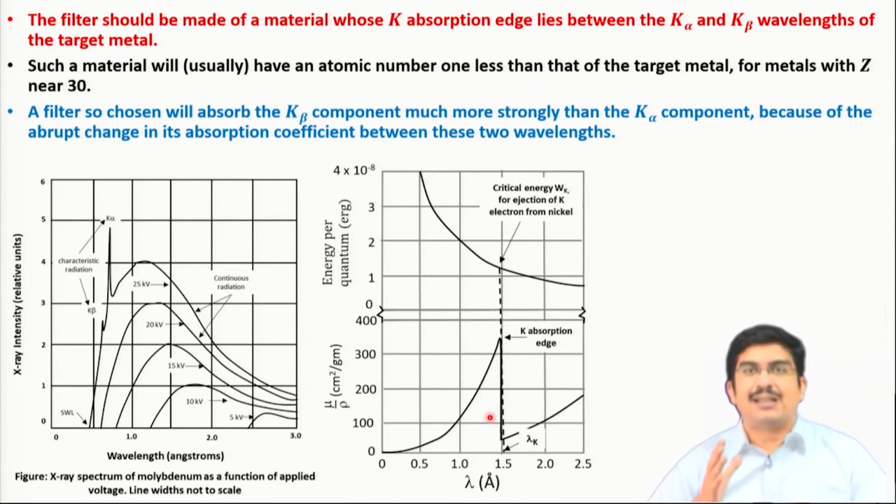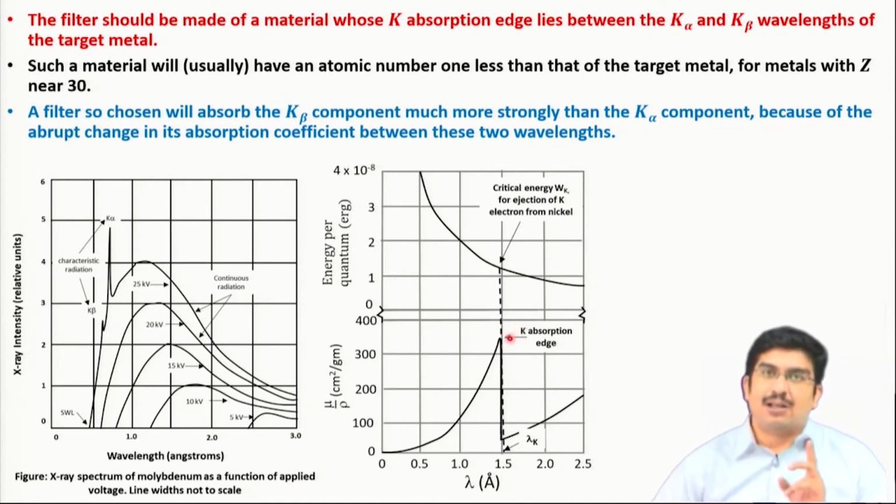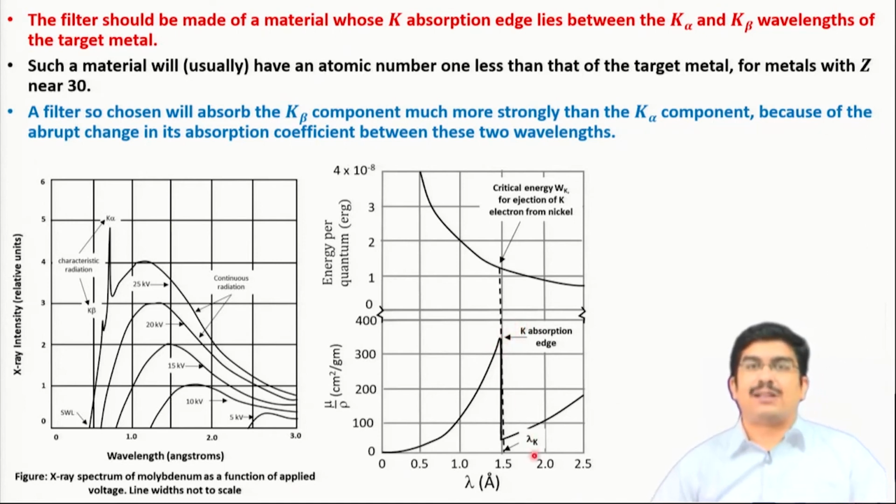We have seen this in the last class: the absorption of X-rays with wavelength just close to this absorption edge is many fold higher than just after it. So, there is a huge possibility of absorbing the incoming X-ray if I am operating very close to this absorption edge wavelength, and that is what we will take advantage of.